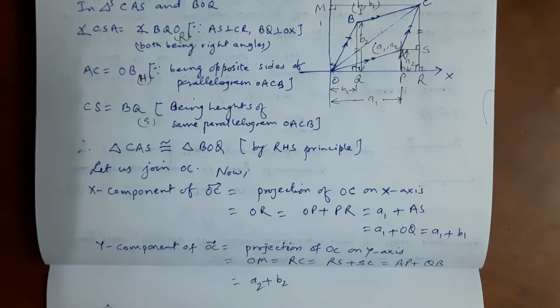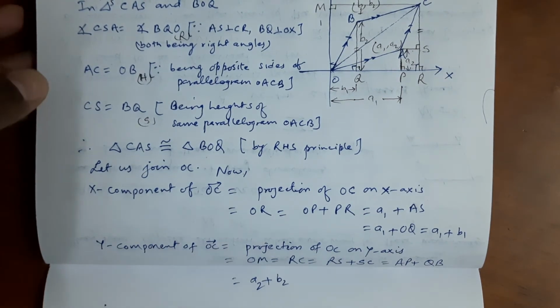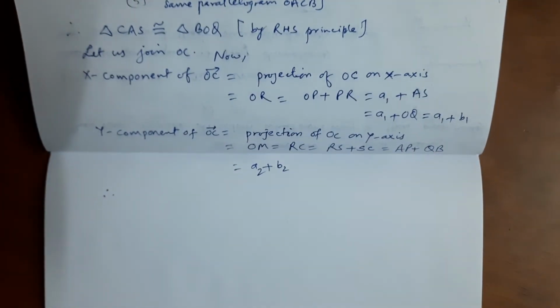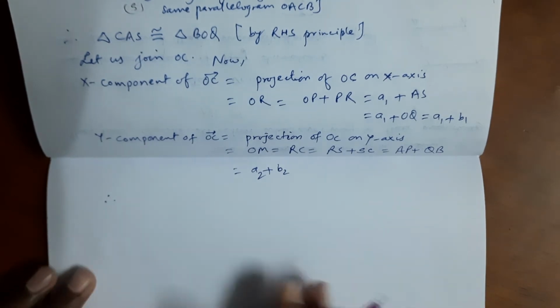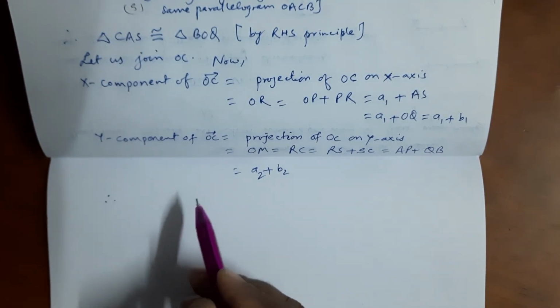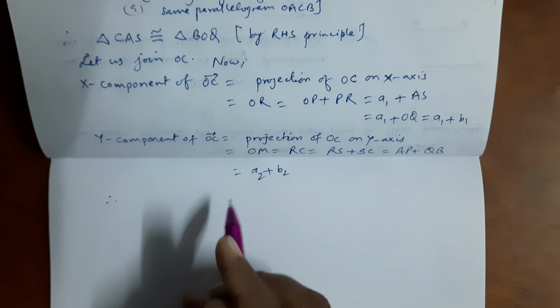Okay, in this way we have got the y component of vector OC equals A2 plus B2. Therefore, any vector is completely written by taking its x component and y component, if it is a plane vector, that is, if the vector is in a two-dimensional plane.